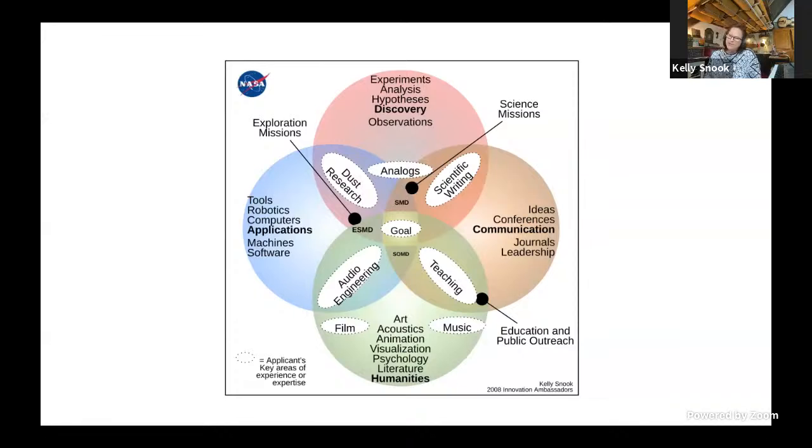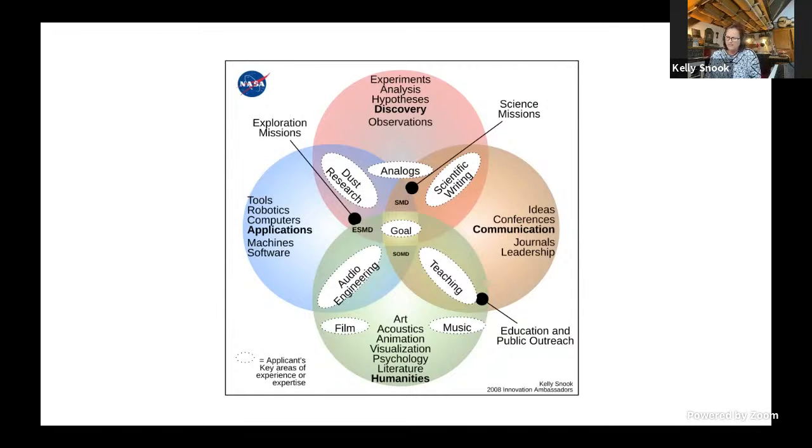There was a program called the Innovation Ambassadors Program, and I was applying to go to the Media Lab. They asked me to say everything I'd done in my career so far, and how what I wanted to do would fit into NASA's strategic plan.